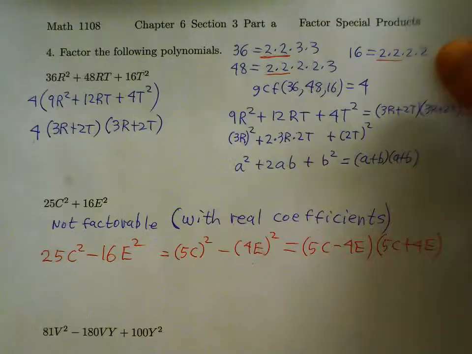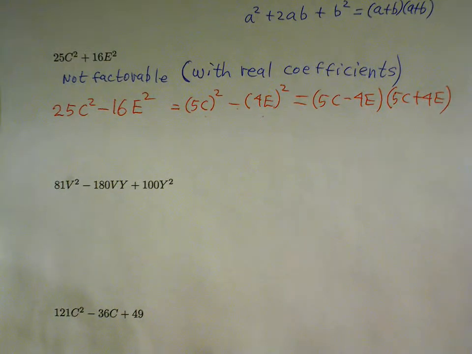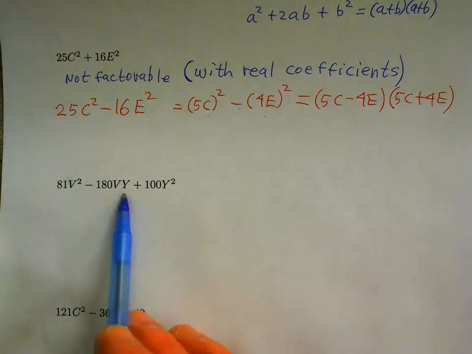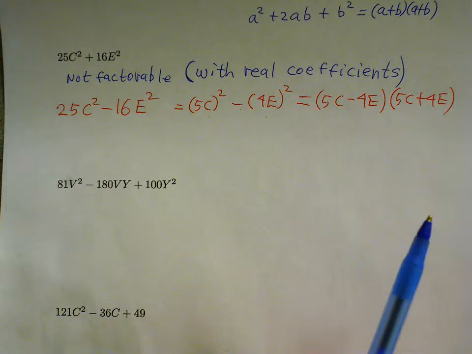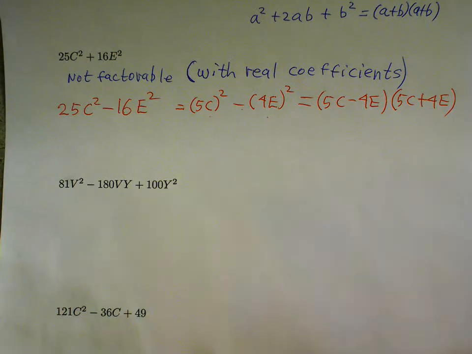Okay, the next example, 81v to the second minus 180vy plus 100y to the second. The greatest common factor of all three terms is 1.